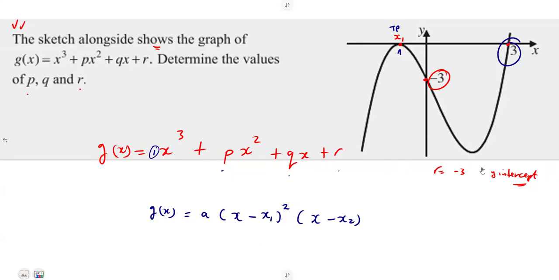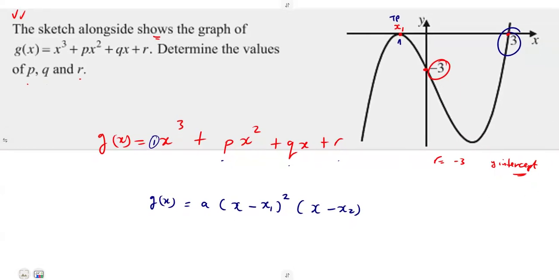But in our case, we do not know that. But because we know that a is equal to 1, and x2 is 3, you are just having one unknown value. So it will be easier to find that value of x1 and expand, so that you can have your equation in this form.